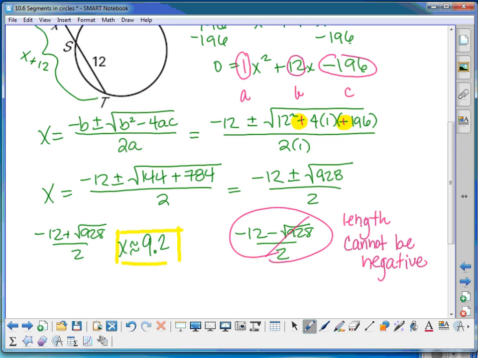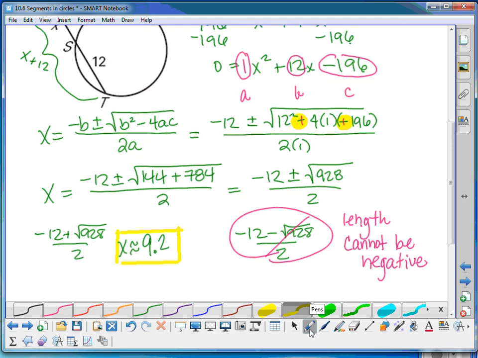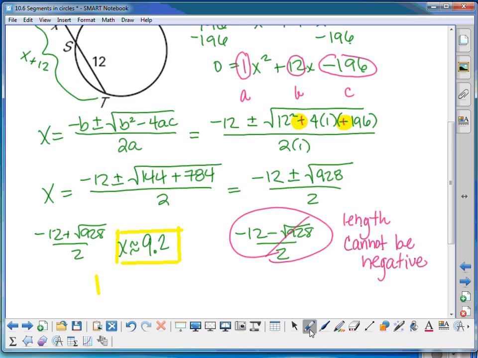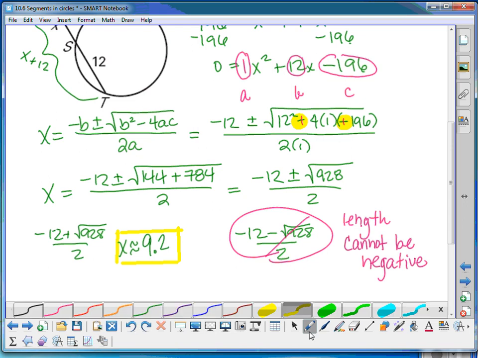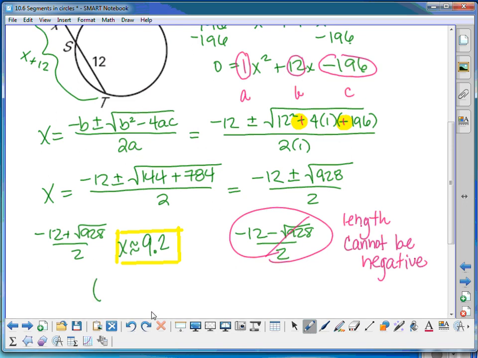You want to be careful when you are doing this in your calculator. You want to make sure that you either use parentheses or hit your equal sign before you divide by the 2. So I would recommend that you put parentheses around it, and you would put it in your calculator, negative 12 plus the square root of 928, and then end the parentheses, and then do divided by 2.